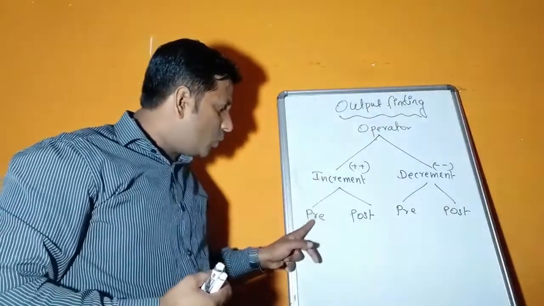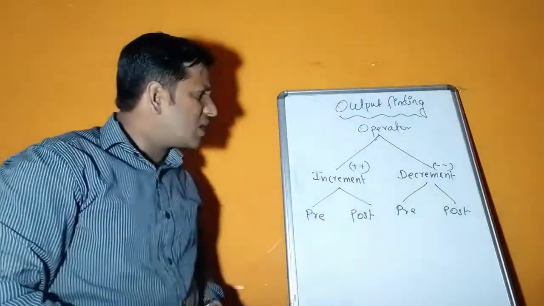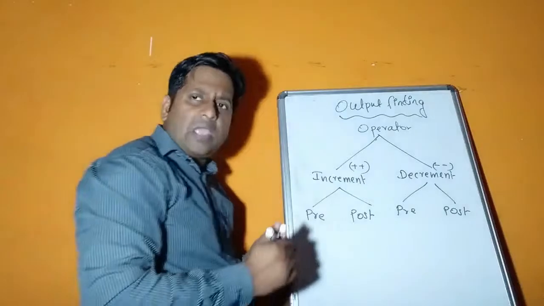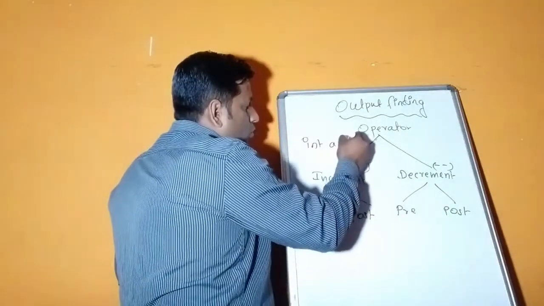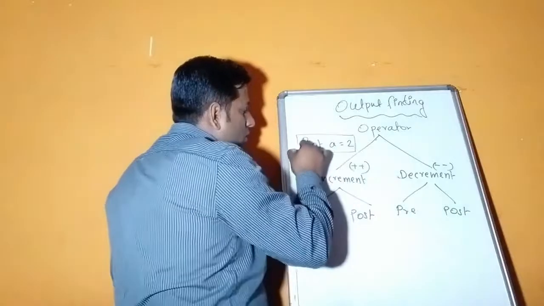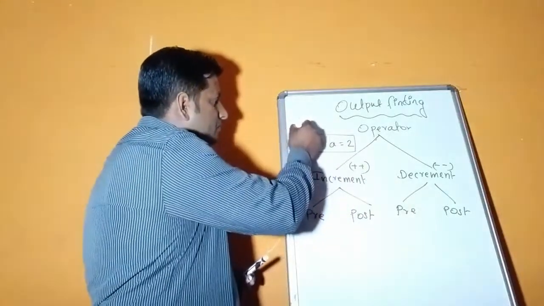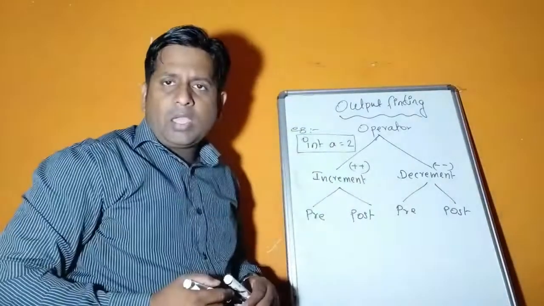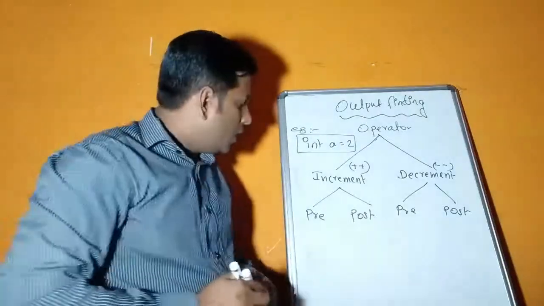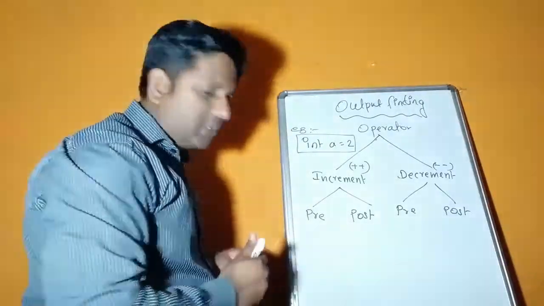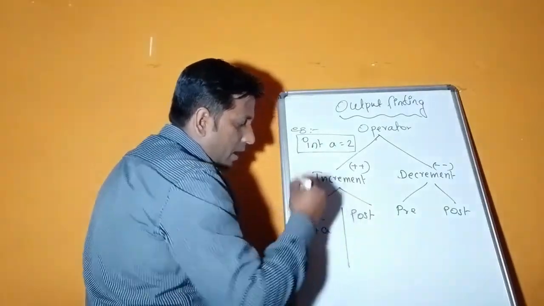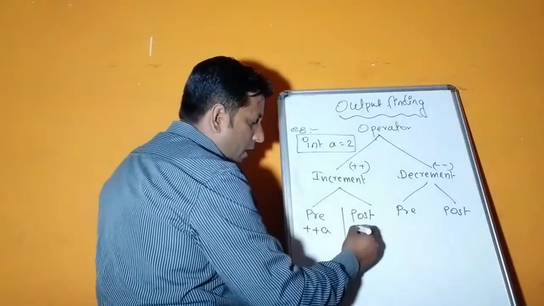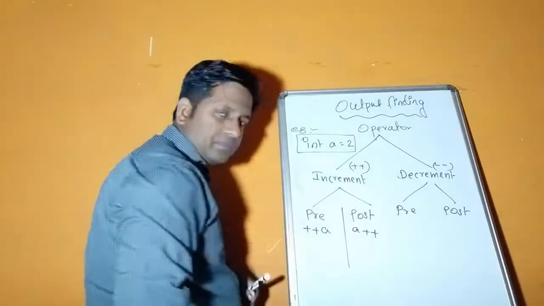Again, increment we have pre and post. Let us take one example. Say int a is equal to 2. Pre-increment will be plus plus a, and in case of post-increment it will be a plus plus.